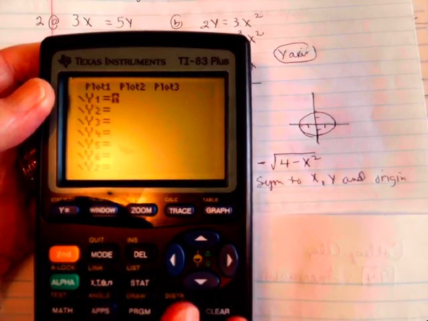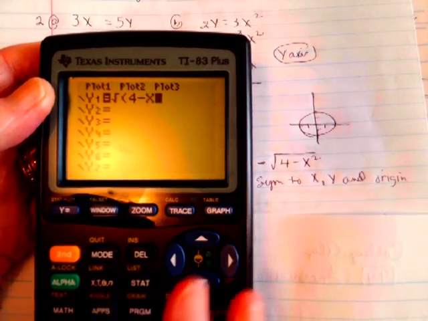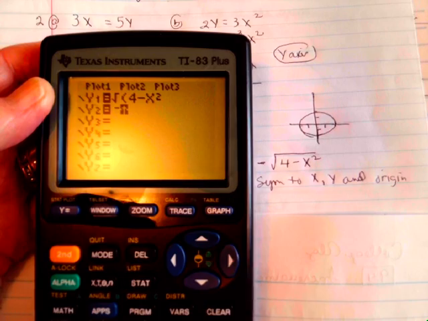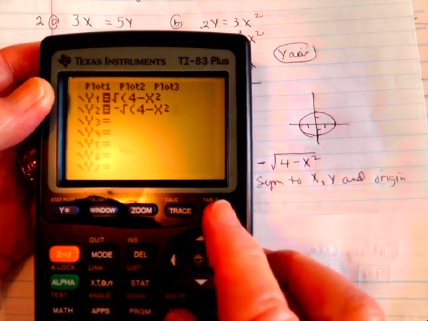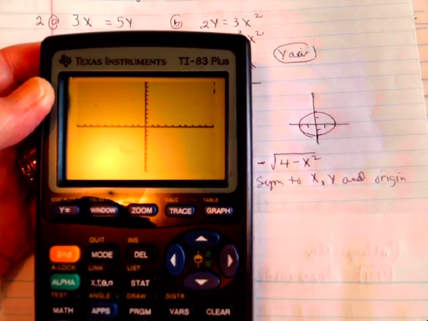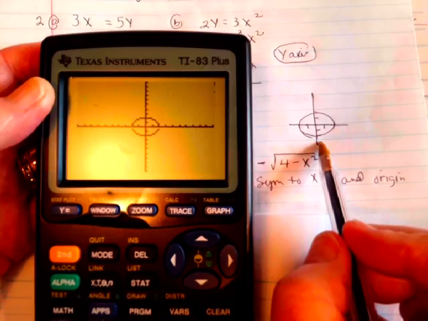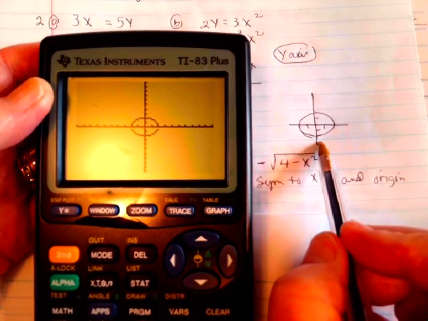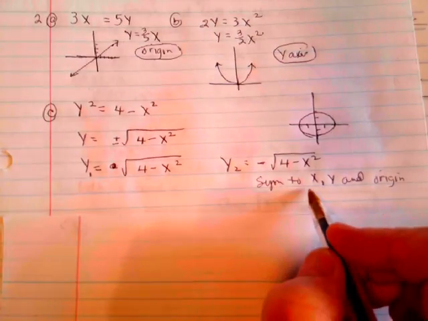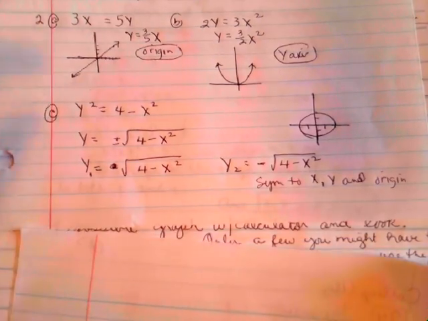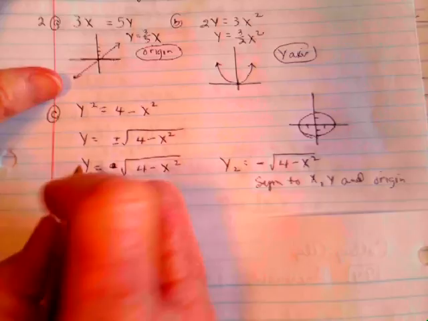You have the square root of 4 minus x squared for y1. Use that little white negative key down at the bottom. Second, square root of 4 minus x squared for that second equation. Graph. You see the graph that I've drawn on this paper. We know that that is definitely symmetric to the x-axis, the y-axis, and the origin. Got her done.